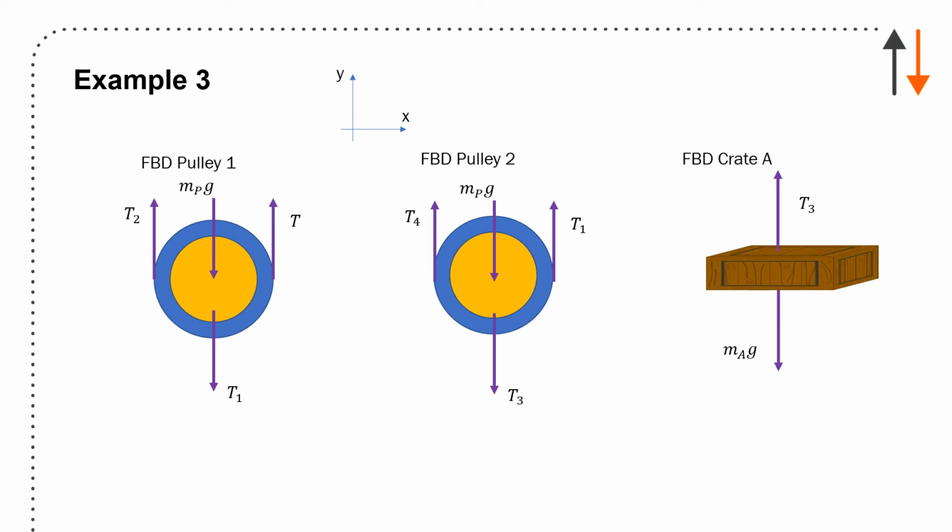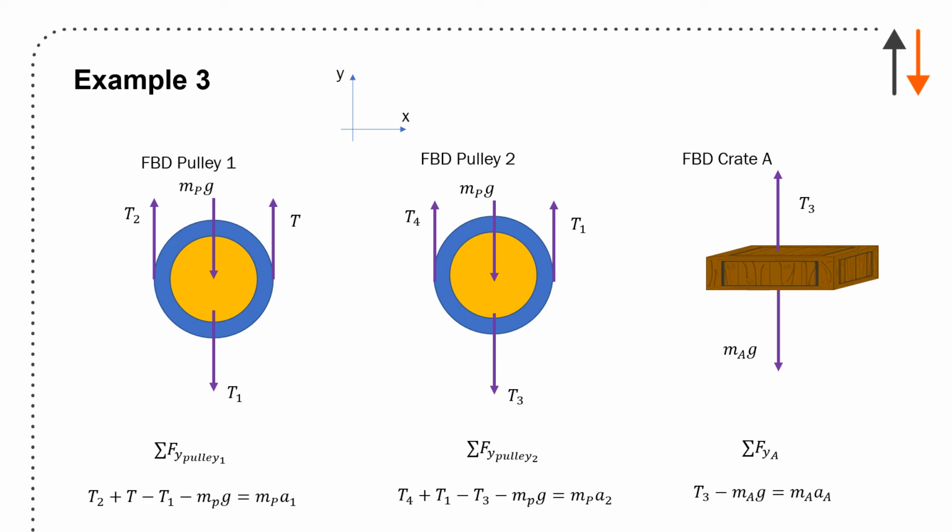And finally, I have the free body diagram of crate A, which is going to be T3 and MAG. So I have the 2 tension forces on either side, the weight force acting downward, and the common tension force between the first body and the second one, between 1 and 2, and 2 and A.